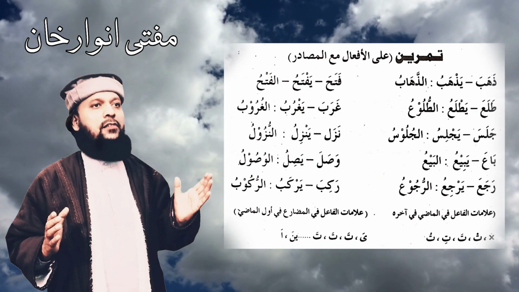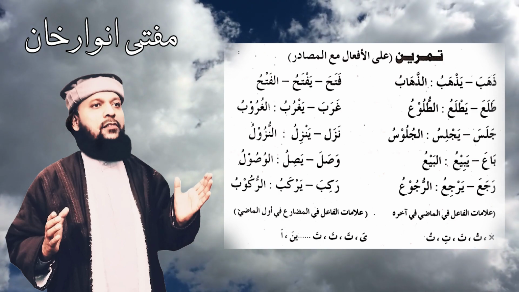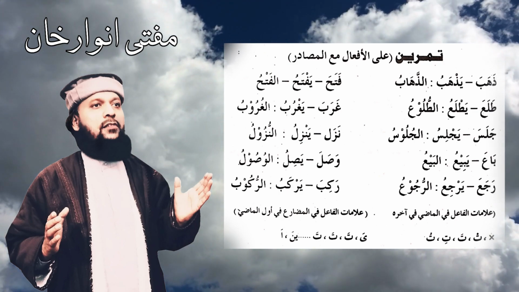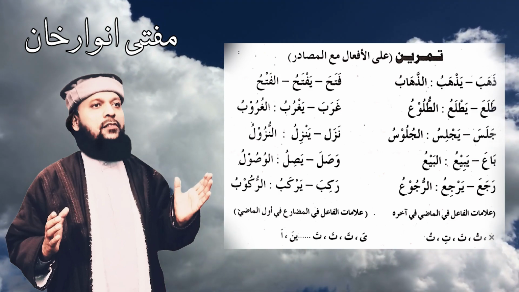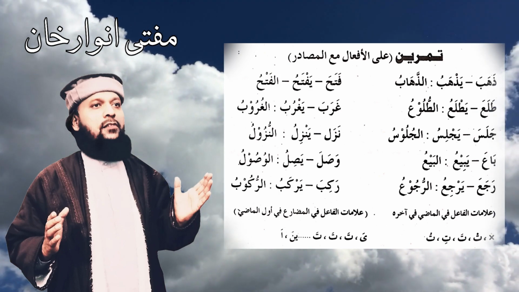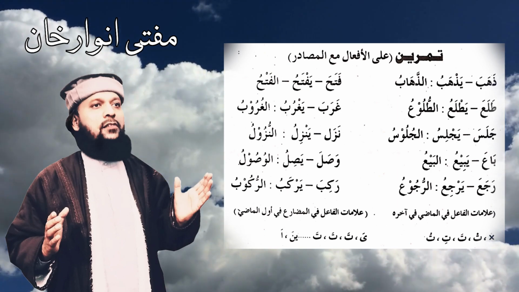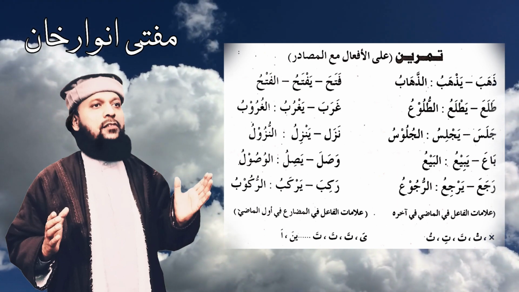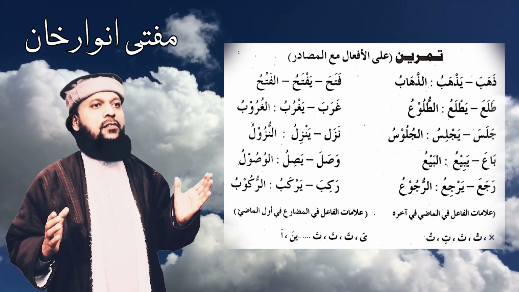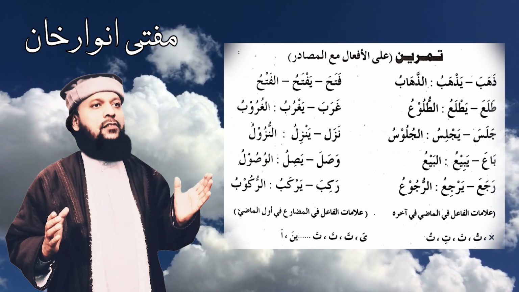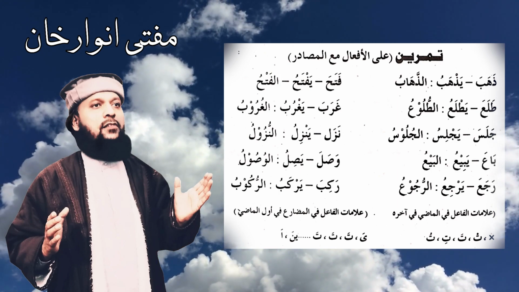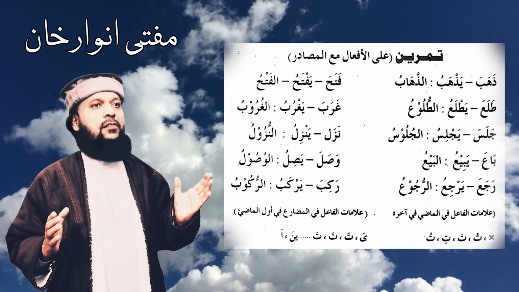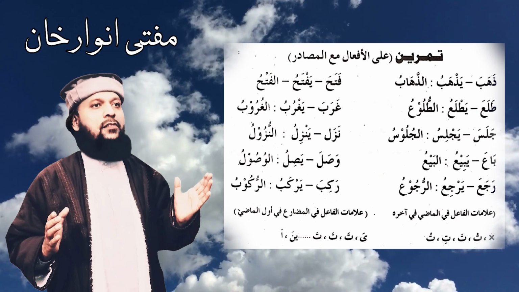And the signs of the subject in mudari are attached to the beginning of the madi. For example, you have dhahaba, so you say yadhabu. You simply attach ya to dhahaba and it becomes mudari. So the signs of the subject in the present tense are attached to the beginning of the past tense.